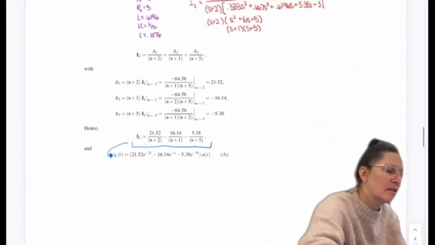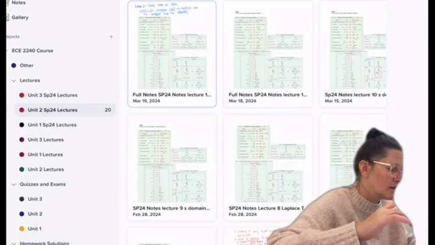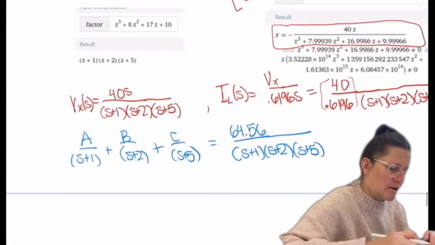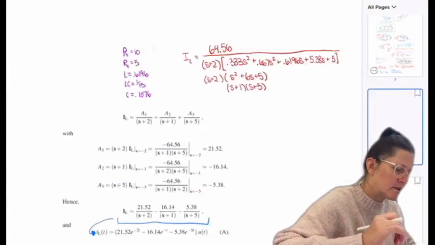Let's see. Here, let me copy this and then paste. Okay.